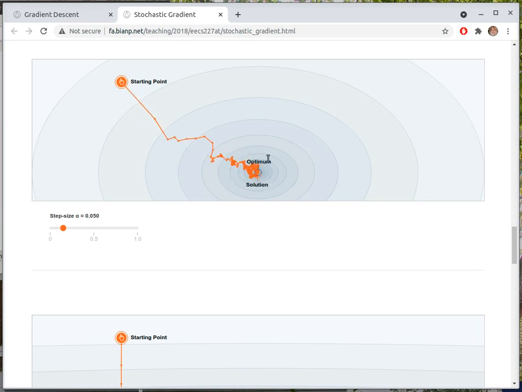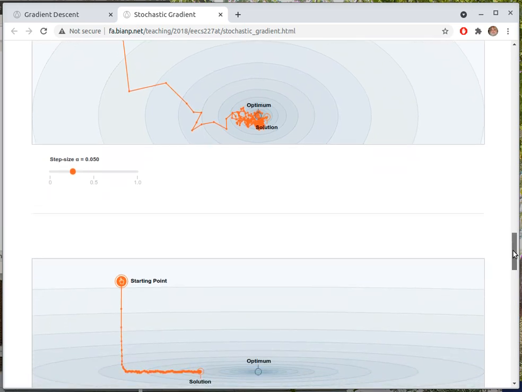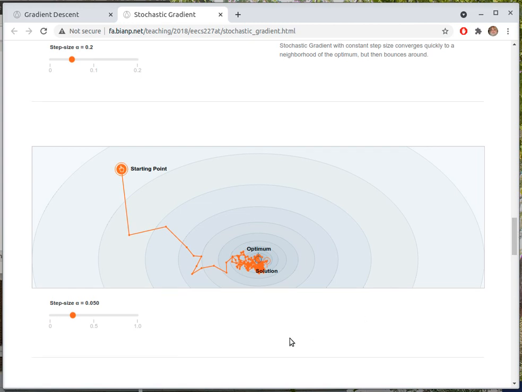What ends up happening is you end up converging to what's called a noise ball when you're doing stochastic gradient descent. You can really see that as you crank it up. You're going to be approximating the minimum, but you're going to be bouncing around the minimum. You will be going towards the minimum, but you don't converge to it. You just bounce around the minimum.